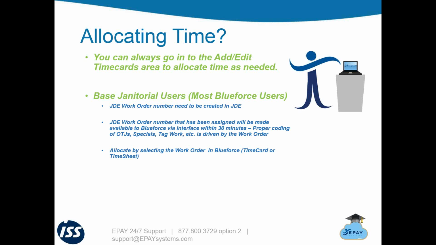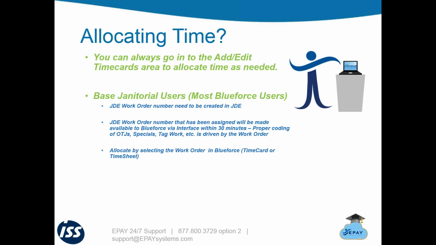And for base janitorial users, most of the Blueforce users on this phone call are going to go through the process of creating a JDE work order. You may not have access to JDE, but someone in your office does. I'm going to make sure that that work order is created first. The JDE work order that has been assigned is then made available to Blueforce via interface within 30 minutes.